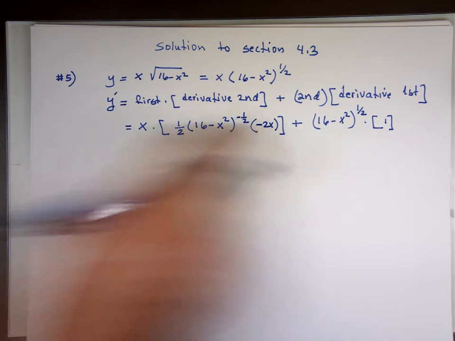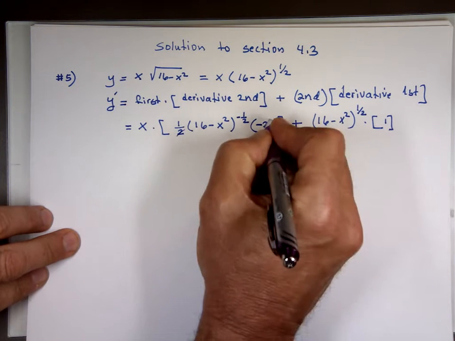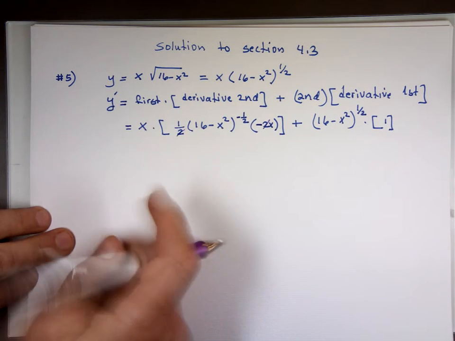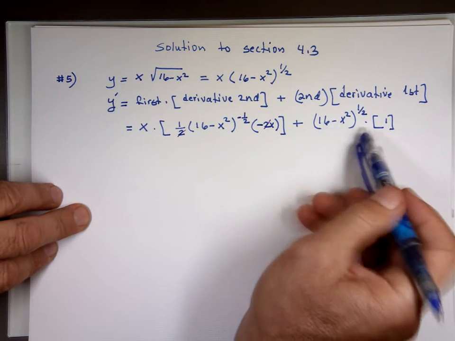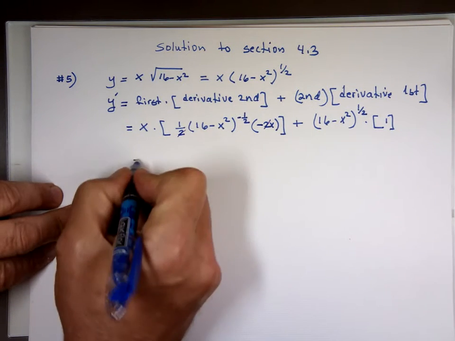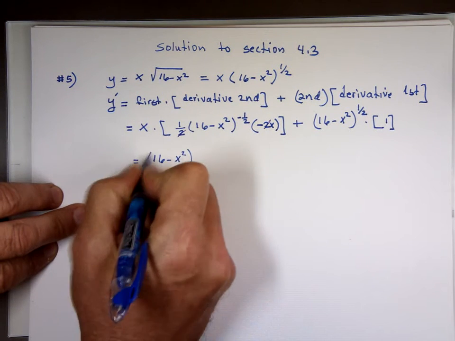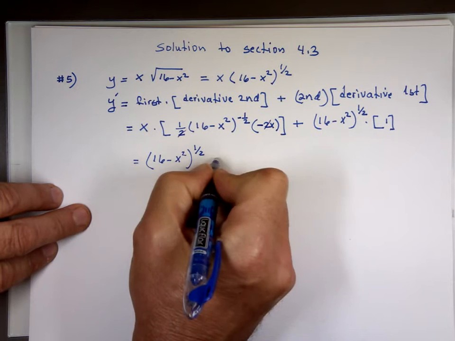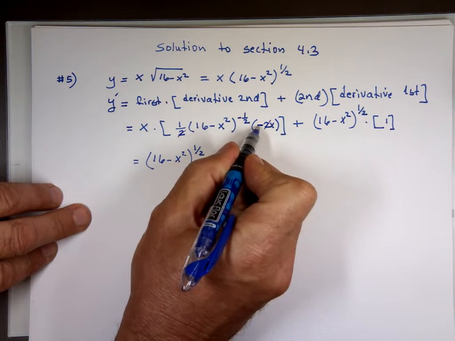Notice this 2 will cancel that 2 here if you look at them. I like to write this one first because that's positive. I'm going to write this piece first. That's this one. This will be a minus because there's a minus here.